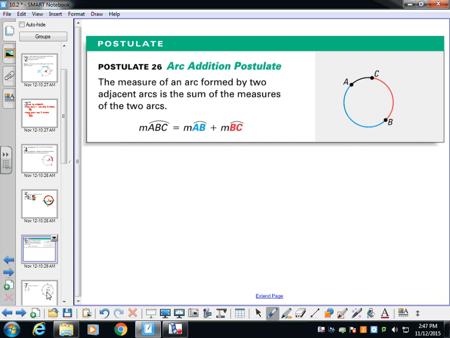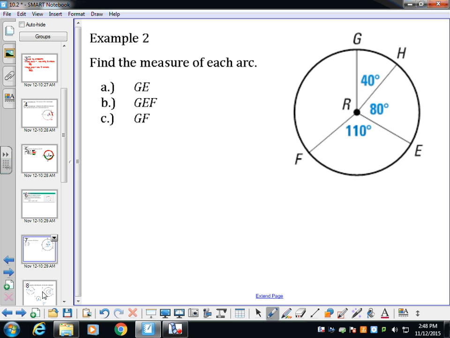Arc addition postulate. Basically, if you have 2 little arcs, you can add them together to get 1 big arc. It's the same thing that we did with angles and line segments. Find the measure of each arc. So GE has to be 40 plus 80.